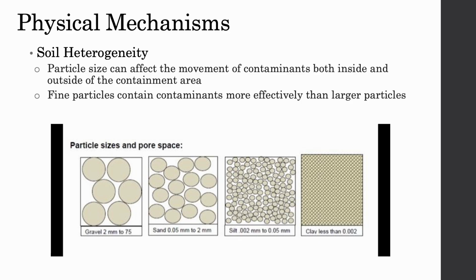Another method is adding material like cement or clay to fill that pore space. So even if you have something like gravel, if you add smaller particles or even something like cement, it will be able to fill that pore space and contain those contaminants more efficiently.